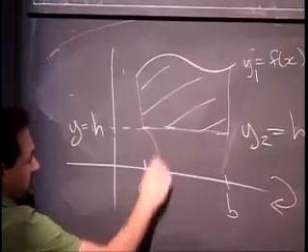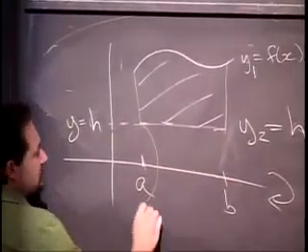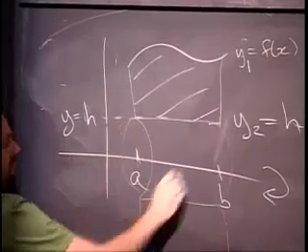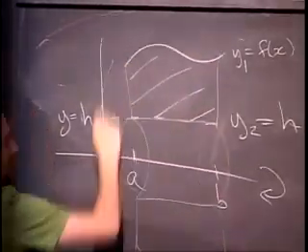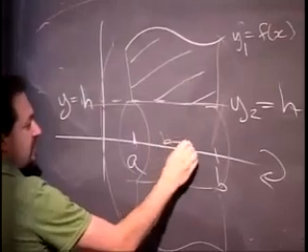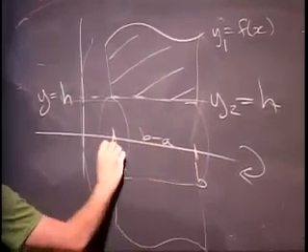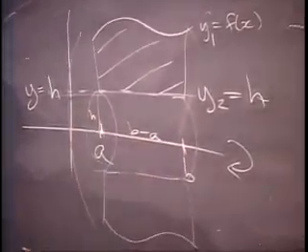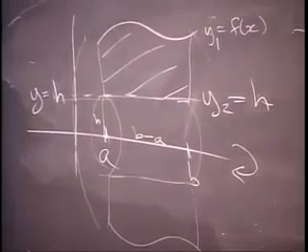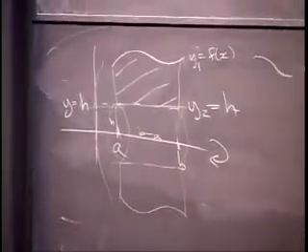Anyway, that middle bit that we've just chopped out is actually a cylinder. Whatever the big thing is, we've just bored out a cylinder, and the cylinder has height b minus a and radius h. So of course it has volume pi h squared (b minus a). So it makes sense. Anyway, that's just the comment.